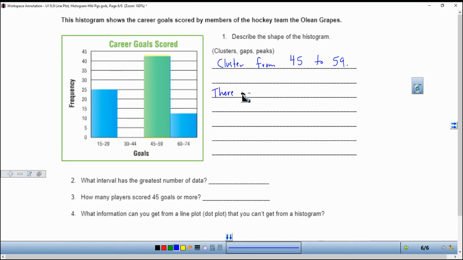There is a gap at 30 to 44. There's nothing there. That's a gap. And then there's a peak. The peak is, and that's the highest number of data, 45 to 59.